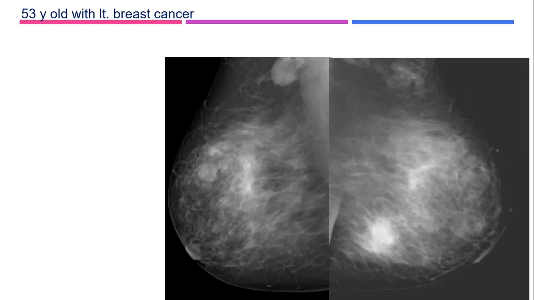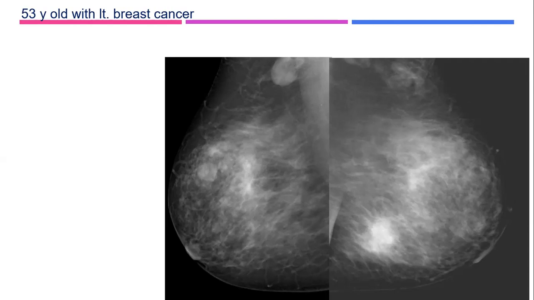So your BI-RADS? I will take the big one, BI-RADS 5 for the left breast. And the right could be BI-RADS 3.